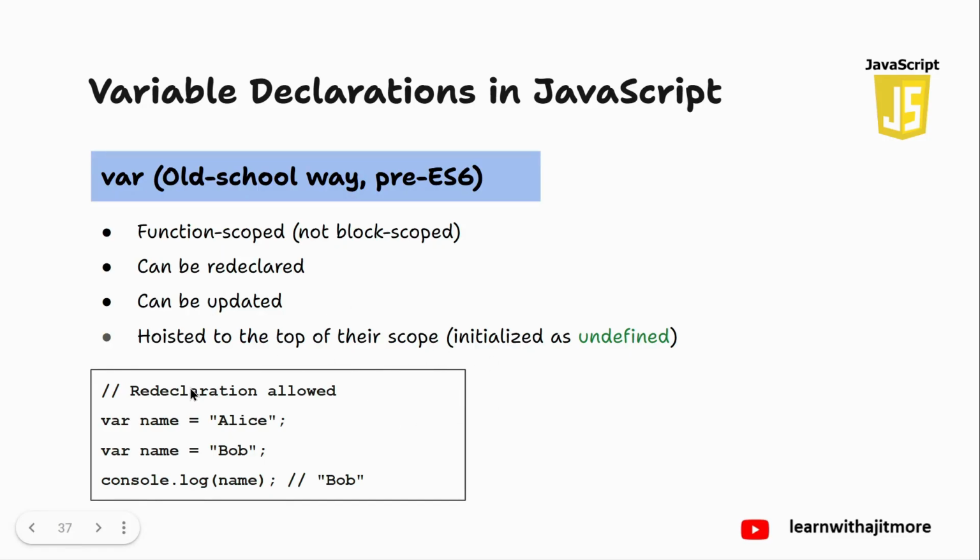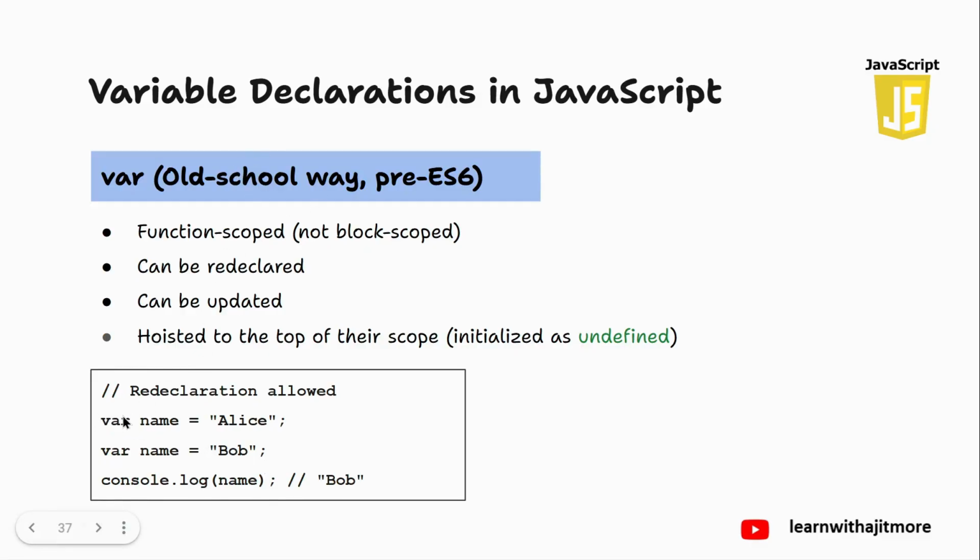Okay. See here. First, about redeclaration I'm telling. I created one variable name with value Alice. And then I'm redeclaring the same variable with the value Bob. No complaint for redeclaration. The same redeclaration, if you do it by let, for the second declaration, it will complain. Therefore, modern JavaScript highly recommends that you avoid using this old school way.